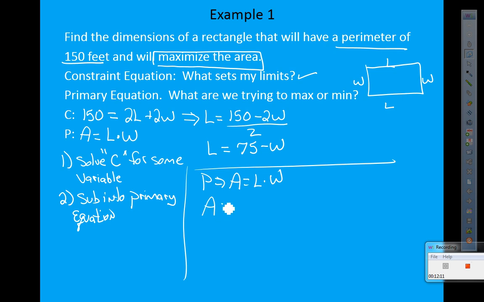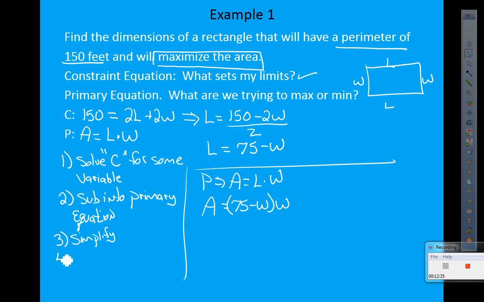I'm going to go area equals my L, which is now 75 minus W, times W. The reason we've done those steps so far is that now instead of working with two variables, I'm working with one variable. Your third step, you're going to simplify this.